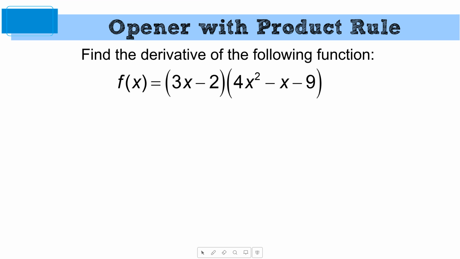Product rule or multiplying it out? Looks like product rule. Cool. Anybody multiplying it out?